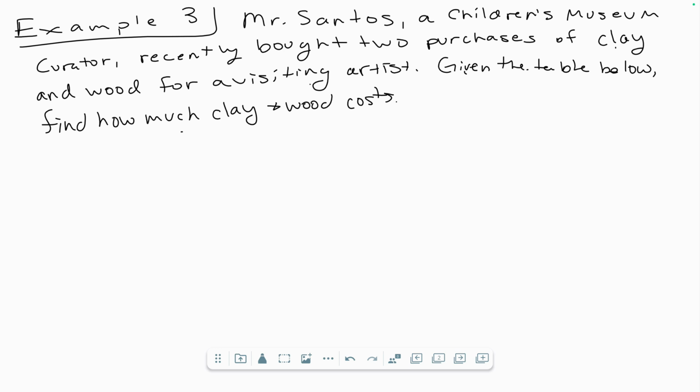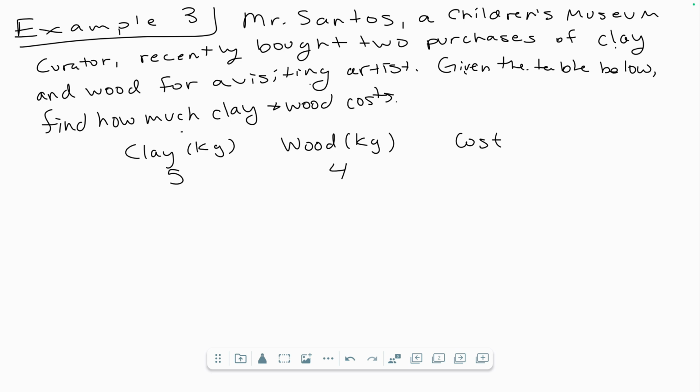All right. So here's our little table. So the first purchase, he bought 5 kilograms of clay, 4 kilograms of wood.